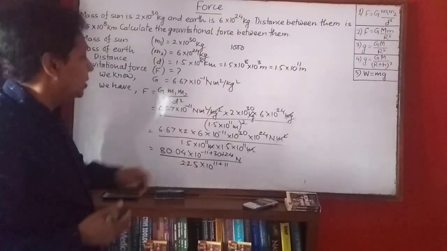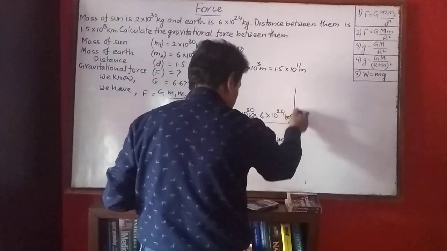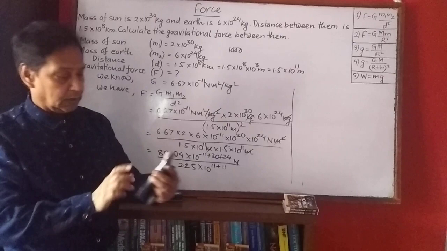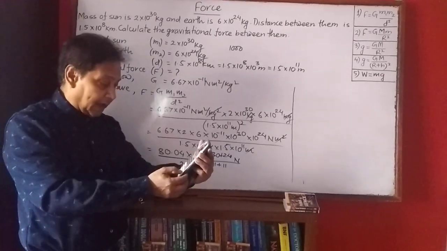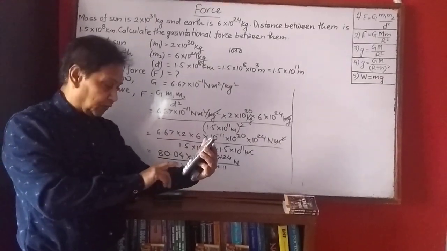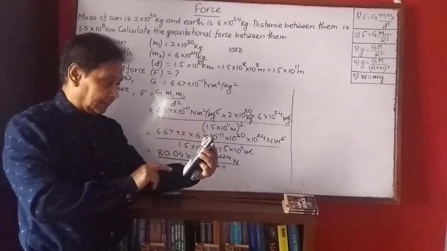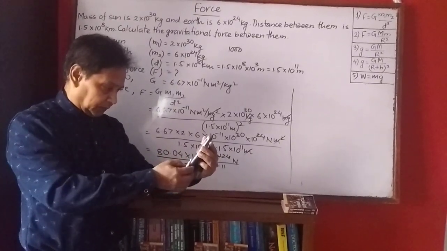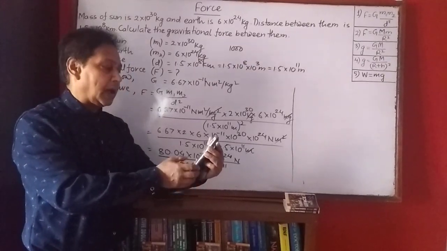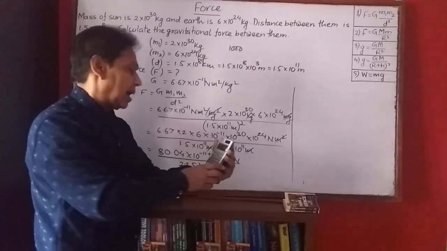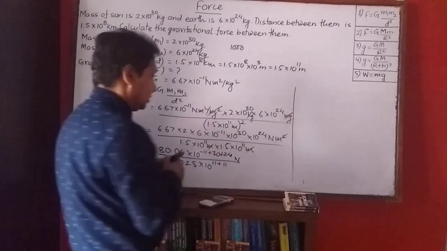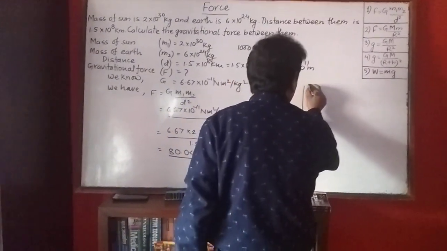This much. Now we have 80.04 divided by 2.25. This is equal to 35.5733. I am taking just 2 digits after the decimal point: 35.57.